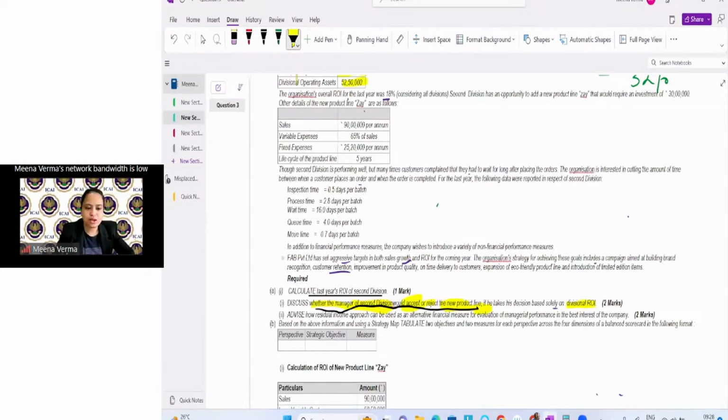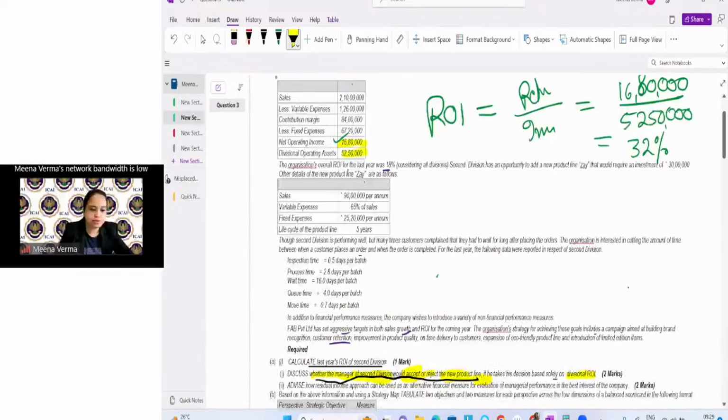This is the information. Sale is given. Variable expenses. Here you can find the contribution. What will be the contribution? 45% of rupees.